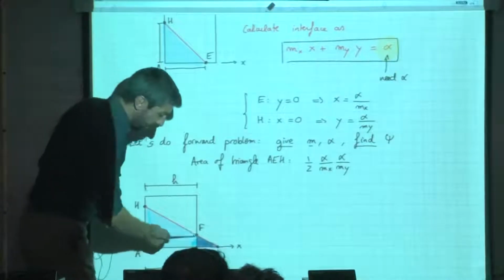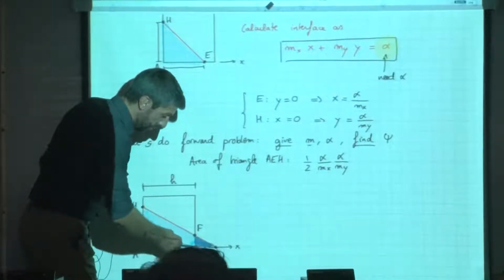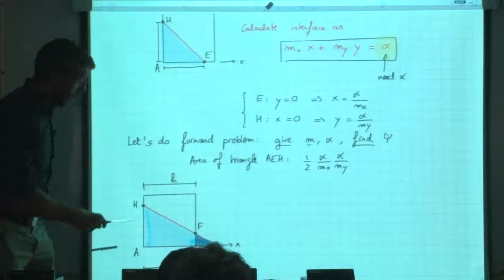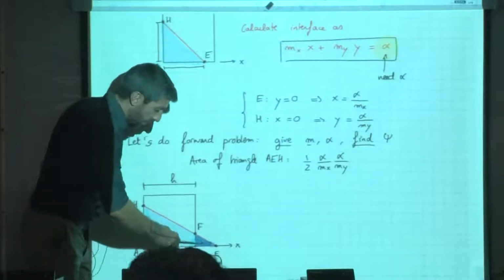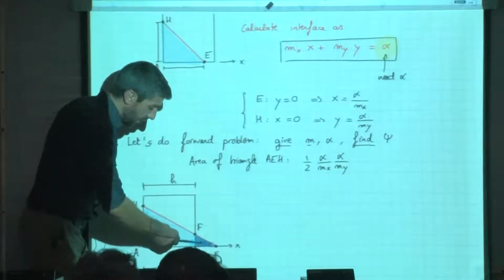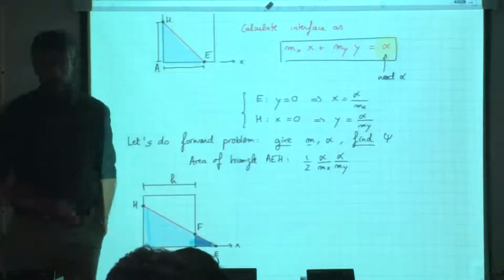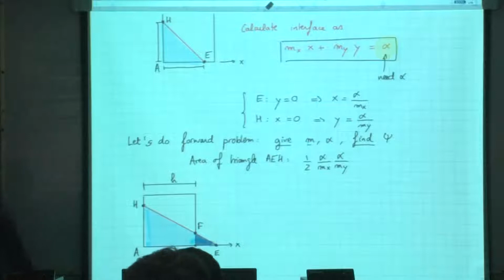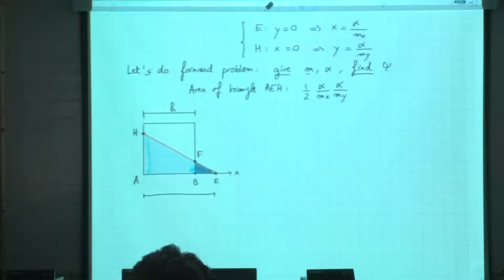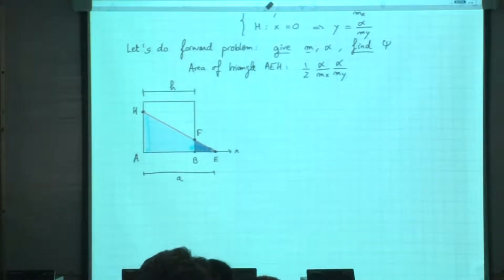So I need to subtract this now. Right? Okay. So to subtract this, I just need to figure out how big that is. And that's easy to figure out, how big that is compared to how big that is, by looking at that ratio of segment length. So I can just say that this length here is alpha over m_x.